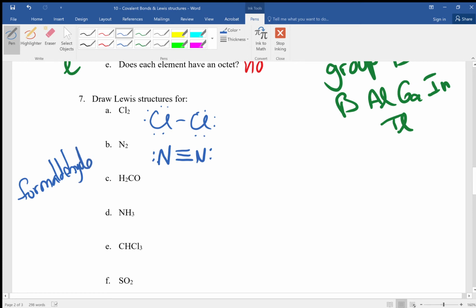So let's go step by step through this one. Carbon has 4 valence electrons, plus 6 for oxygen, plus 1 for each of the hydrogens is 12 electrons. So we're going to put carbon in the middle because it needs the most bonds.